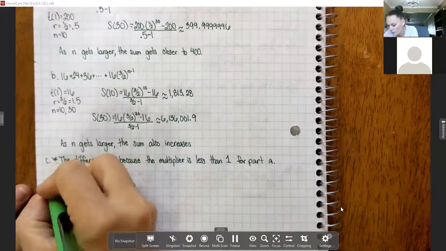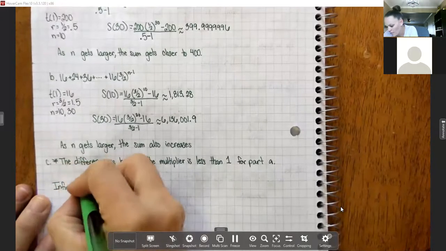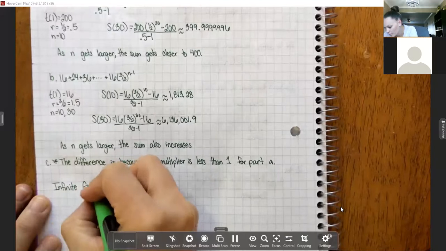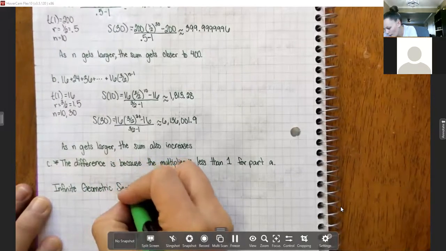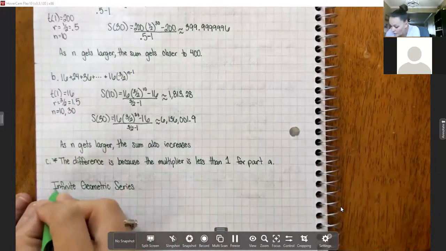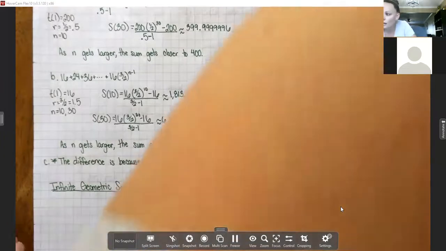For an infinite geometric series, so infinite means it goes on forever. The series is never ending.